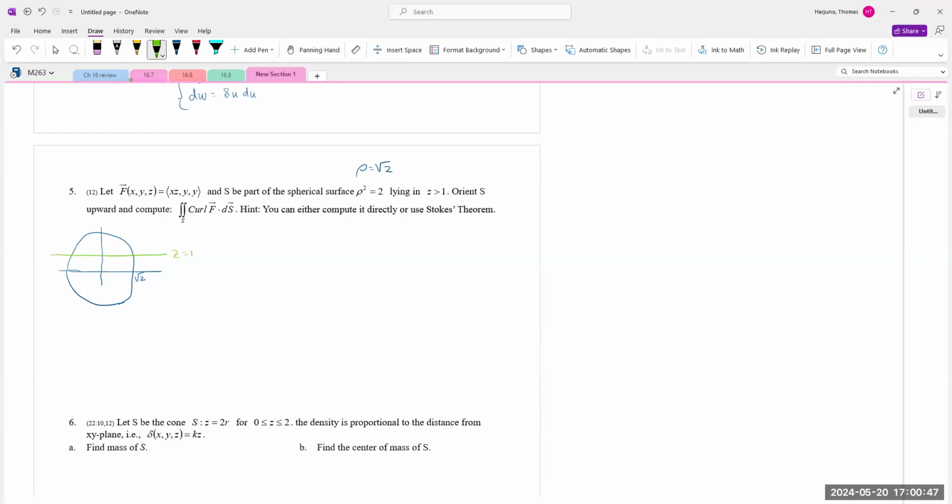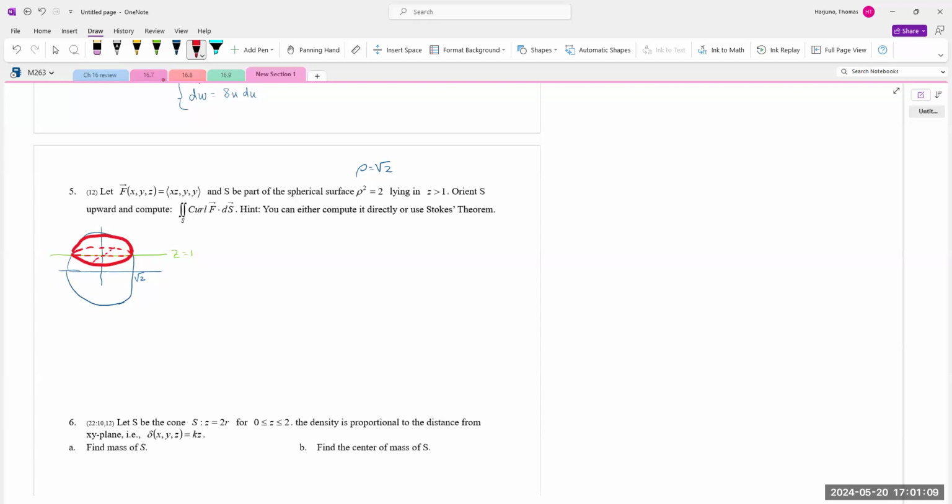With z equals 1, I think it will be something like this. So that's the cap.